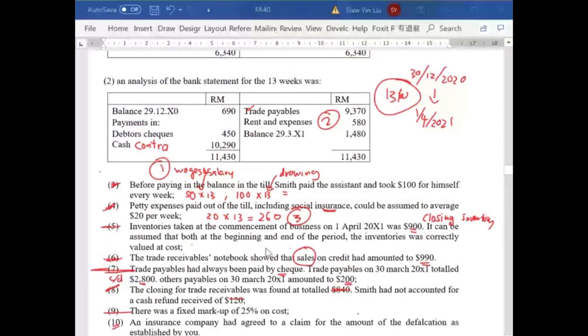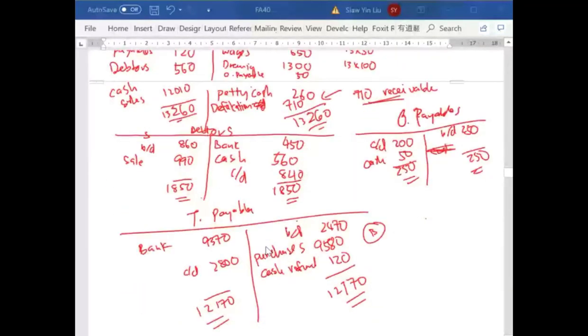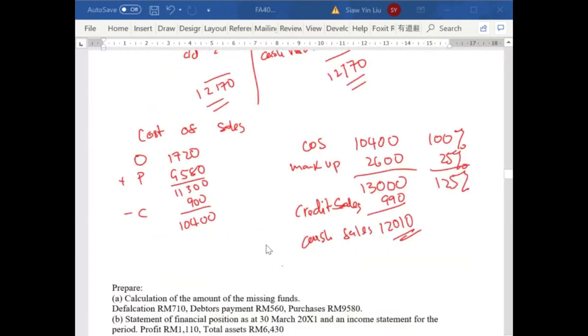And you have other payables here, 2,008 and this other payable 200. Total payables is 3,000. Then that's it, prepare your financial position. So far you okay?